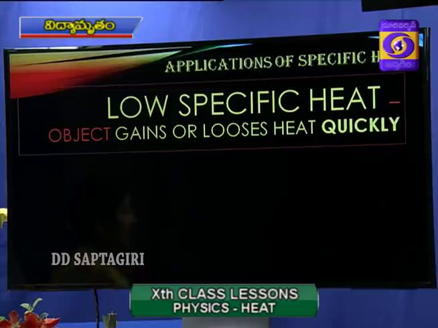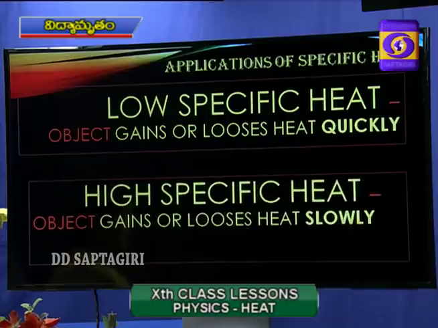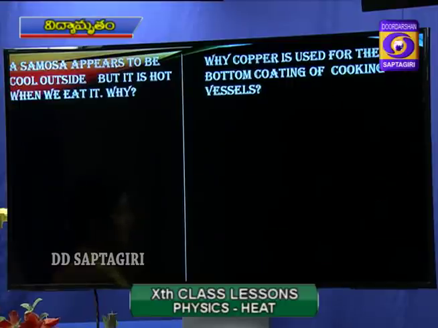And high specific heat objects gain or lose heat slowly. That means the absorption is slow and the release of heat is also very slow. Okay, now let us see the applications, how they will ask you in the examination.